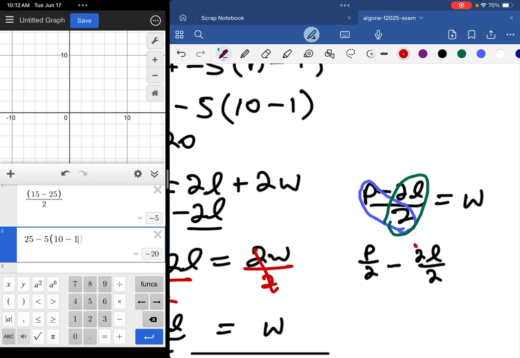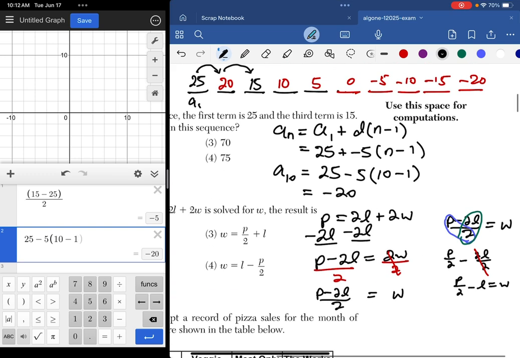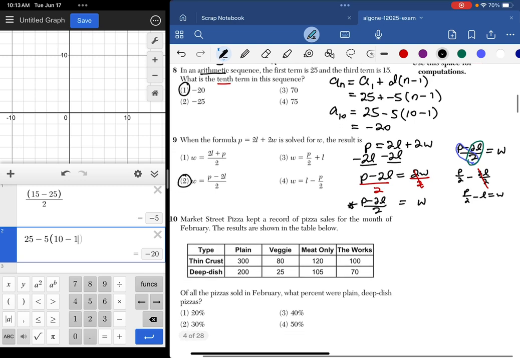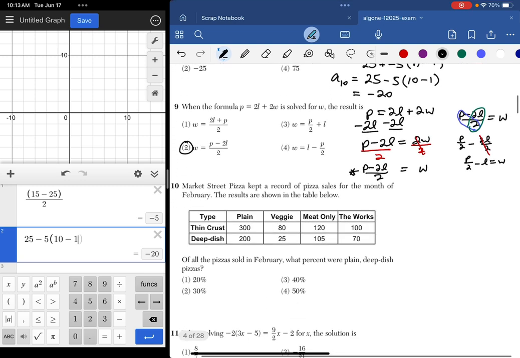The 2's would cancel here, and so you'd get P over 2 minus L is equal to W, which is pretty close to a choice, but not close enough. All right. Since we got the correct answer here, we didn't really have to bother with that other stuff, but I can see a universe where that might actually happen.